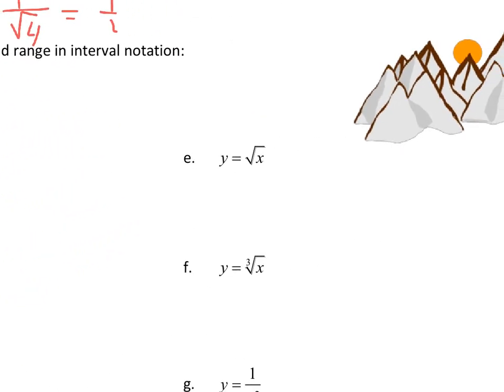E, the square root function, that's like half of a sideways parabola essentially, because those are inverse functions. So it looks like that. The domain and range are both 0 to infinity. Domain and range inclusive on 0. So I'll draw that in there with a clearly defined point.